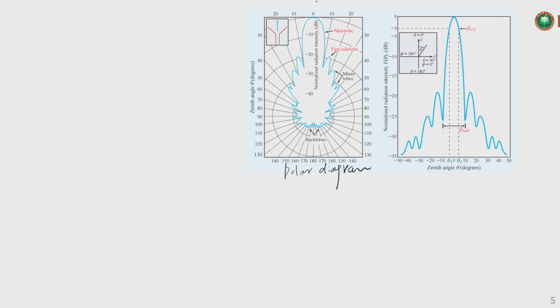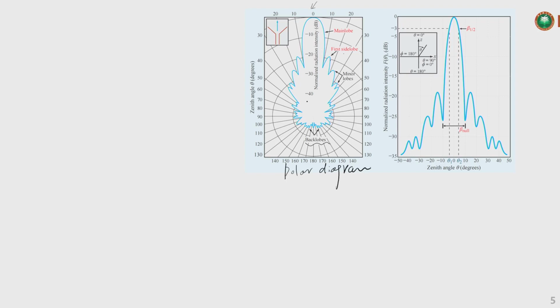For phi equals 0, we set it as the main lobe. This is the main lobe, and there are also side lobes, the first, the second or third, and also we can get the back lobes.